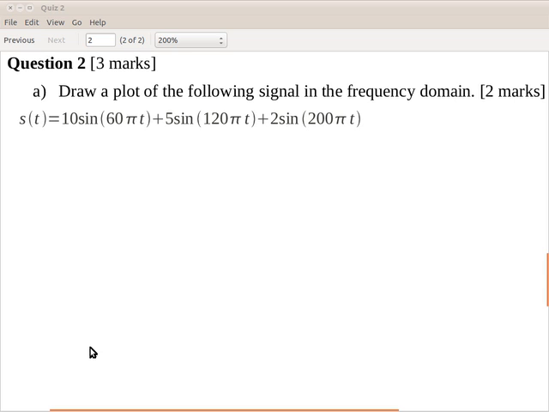That's 60. And the third component, 100 hertz, amplitude of 2. So that's our answer to part A.